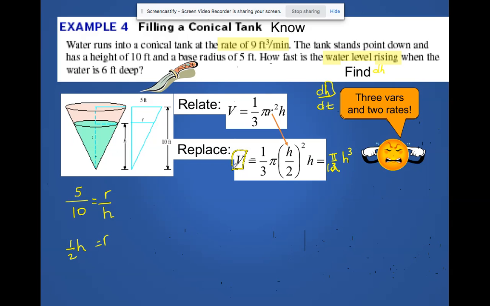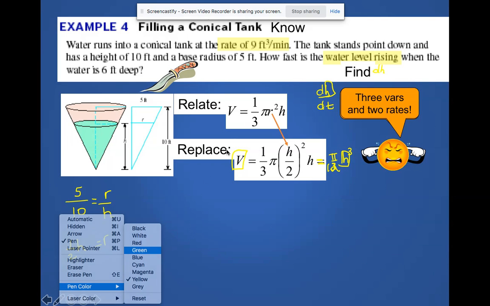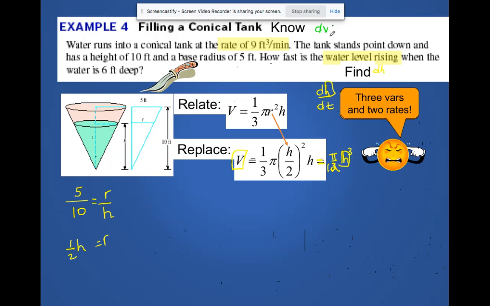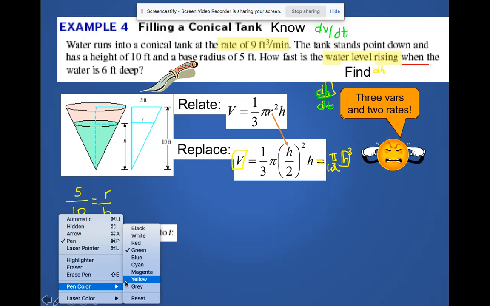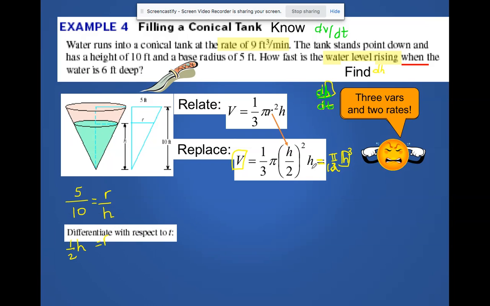Now look what I have. Volume and height related, and I knew dV/dt and was trying to find dh/dt. Now I can differentiate. And think about when. So differentiate this equation, bring down the 3.